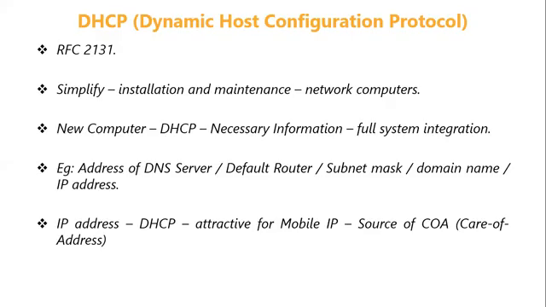So DHCP can be used by mobile IP for allocating care of address for mobile nodes whenever the mobile node moves from one network to another network.